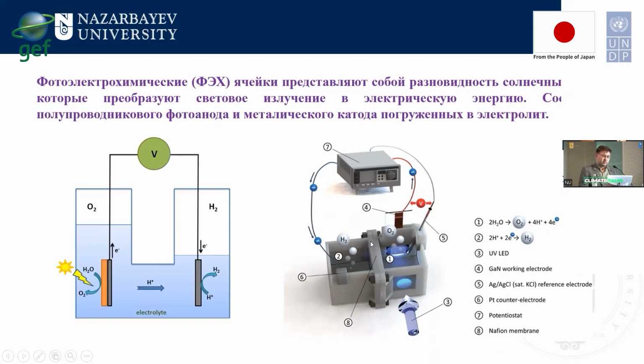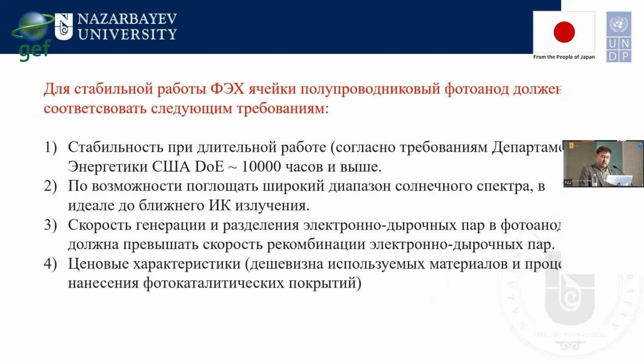There are two cells, and here is a membrane that can conduct protons, H+, and when the protons go through the membrane, they restore hydrogen here. If you just divide them, you'll have hydrogen and oxygen of high purity. Oxygen you can release, and you can use the hydrogen for your needs.